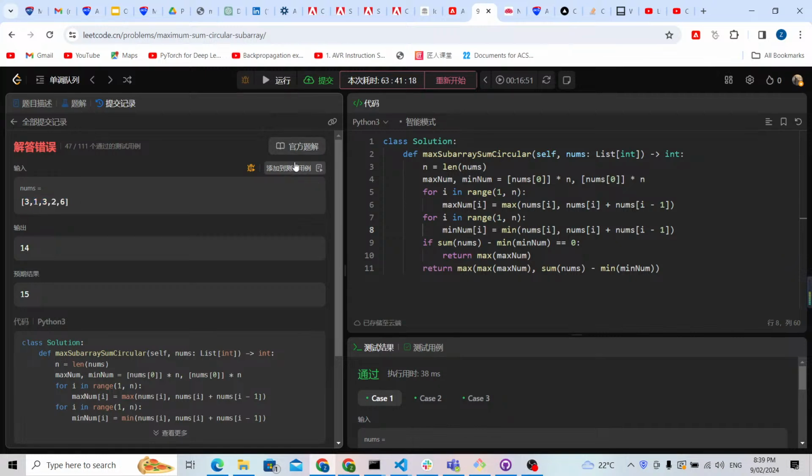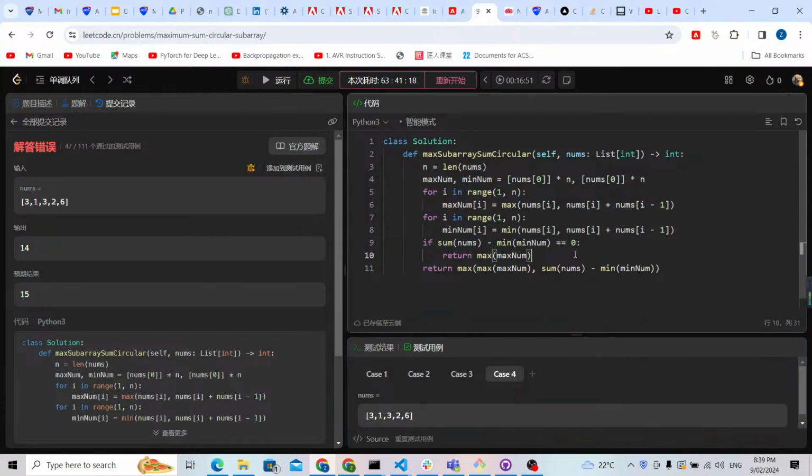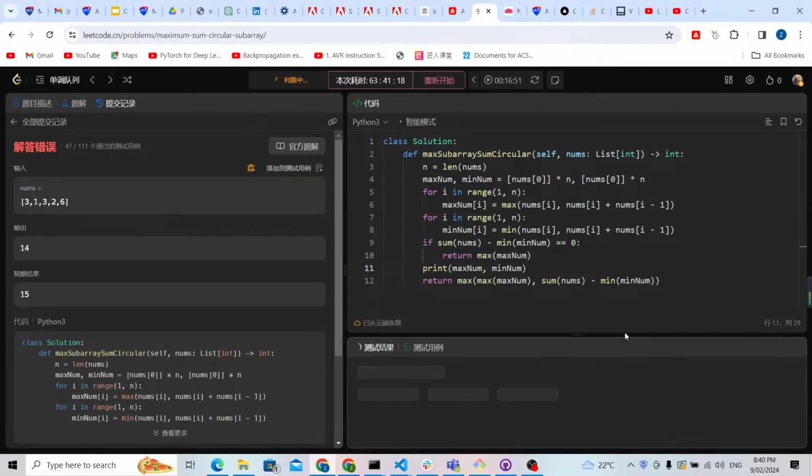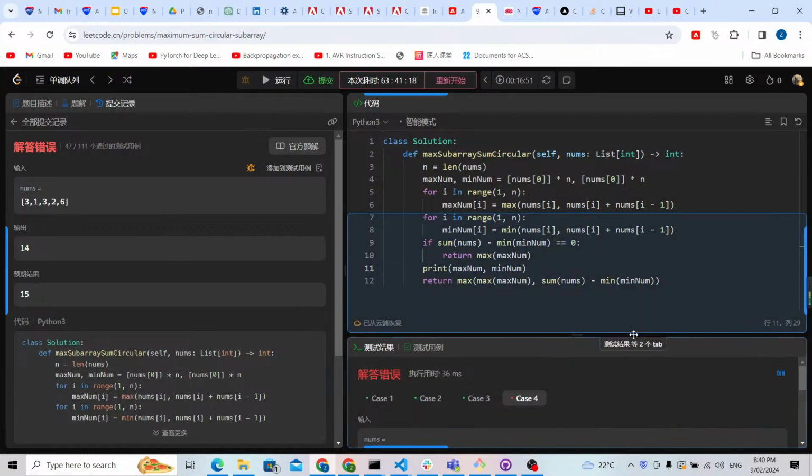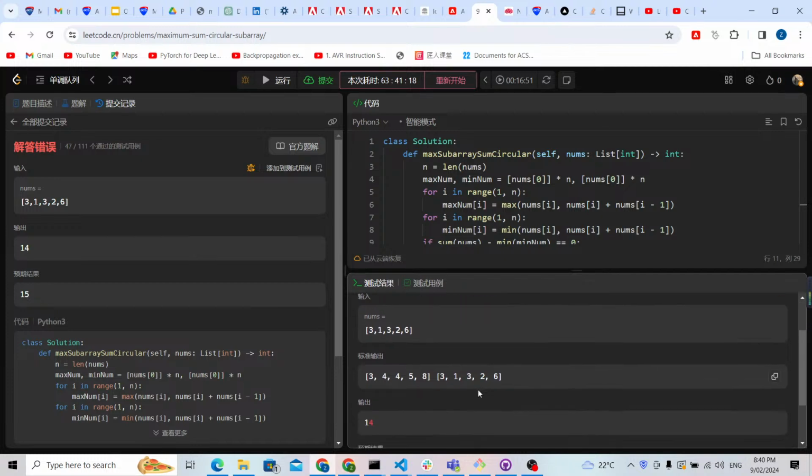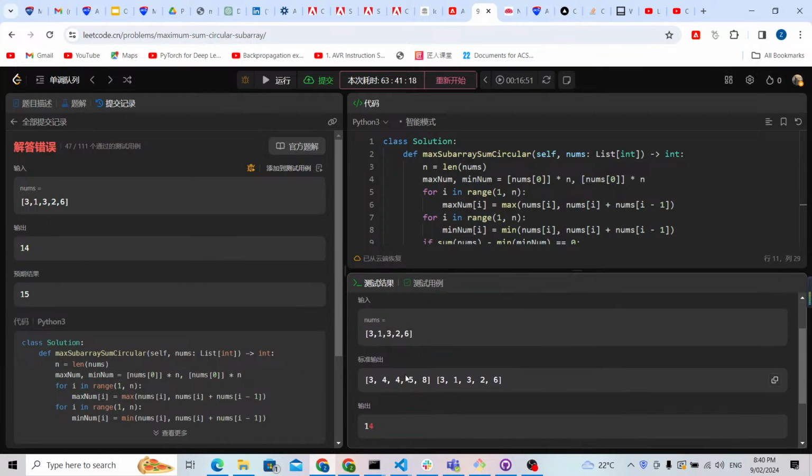Let me put a print inside to check it. Let me print out the max of nums and the minimum of nums. I think I got something wrong about this area.